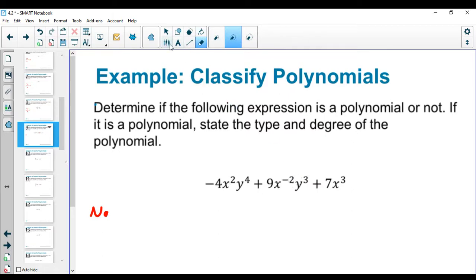Not just because it's the -2, but because it's a variable. Right. If it was just a number to the -2, like if it was 5 to the -2, then that would just mean 1 over 25, right? 1 over 5 squared. That's just a constant. That's fine.